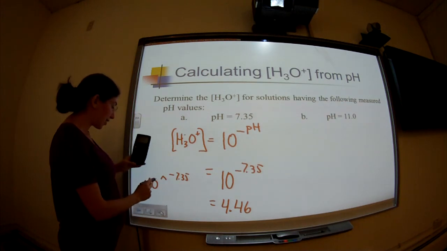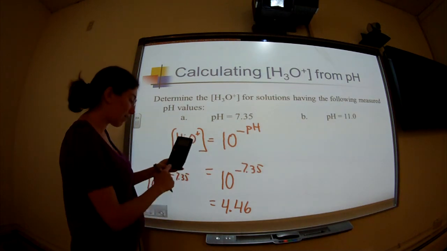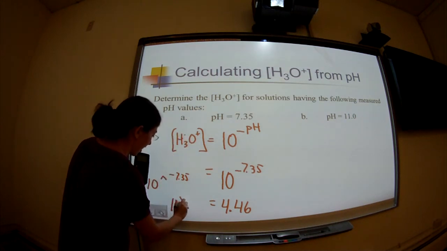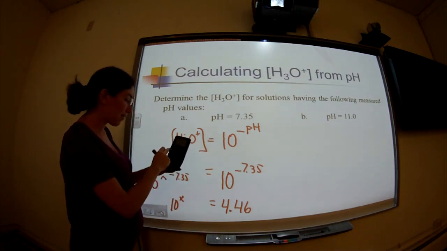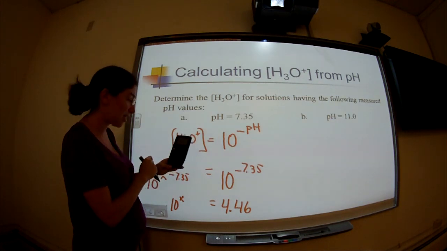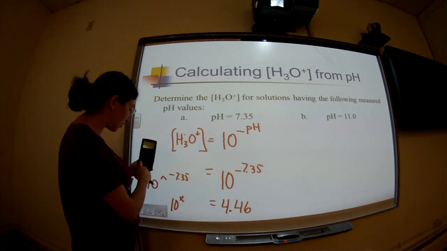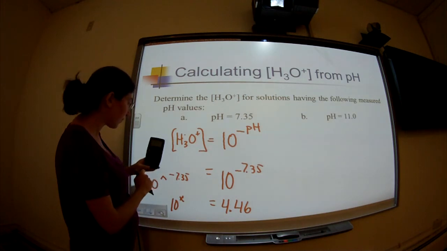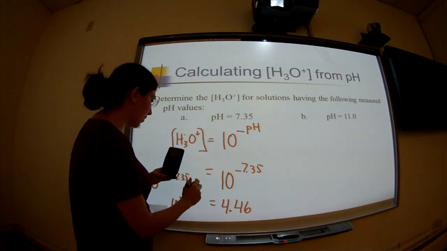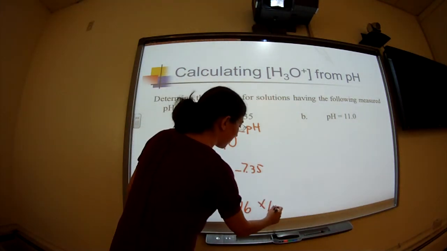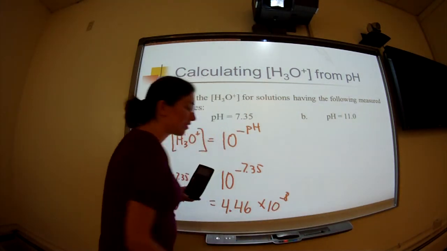Another button on my calculator that some of you may have is a button that says 10 to the x. To get that one, I have to hit second log is 10 to the x. So then all I have to do is 10 to the x and then type in negative 7.35. And I get the same answer. Oh, I forgot to say 4.46 times 10 to the negative 8.